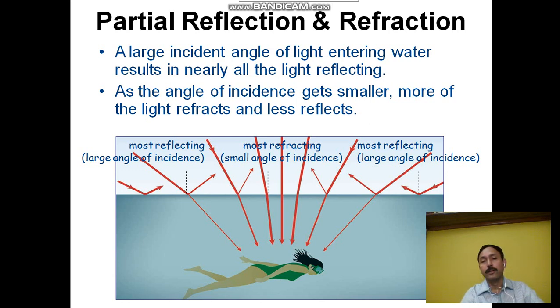But when it becomes small, that means narrower to the normal, then refraction will occur, and there is only a small probability of getting reflected light. This is the diagrammatic representation, you can understand from this one.